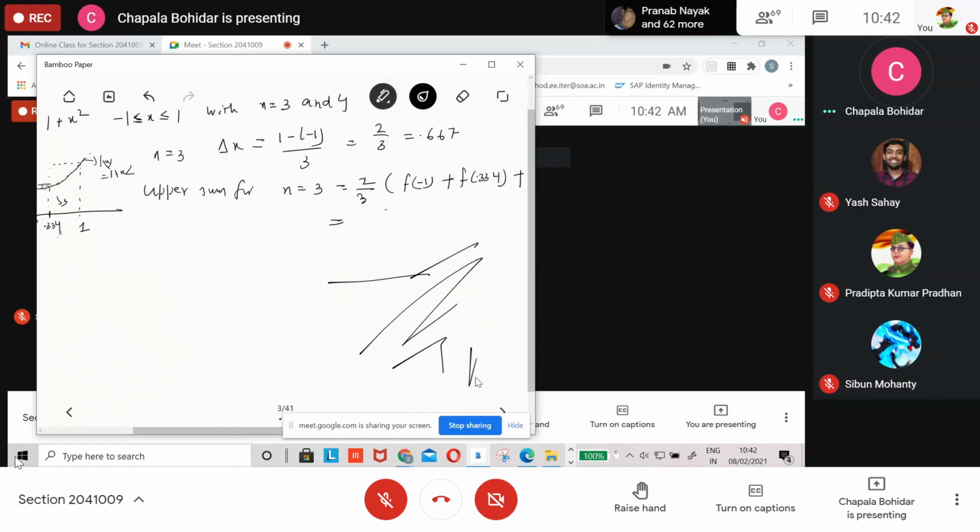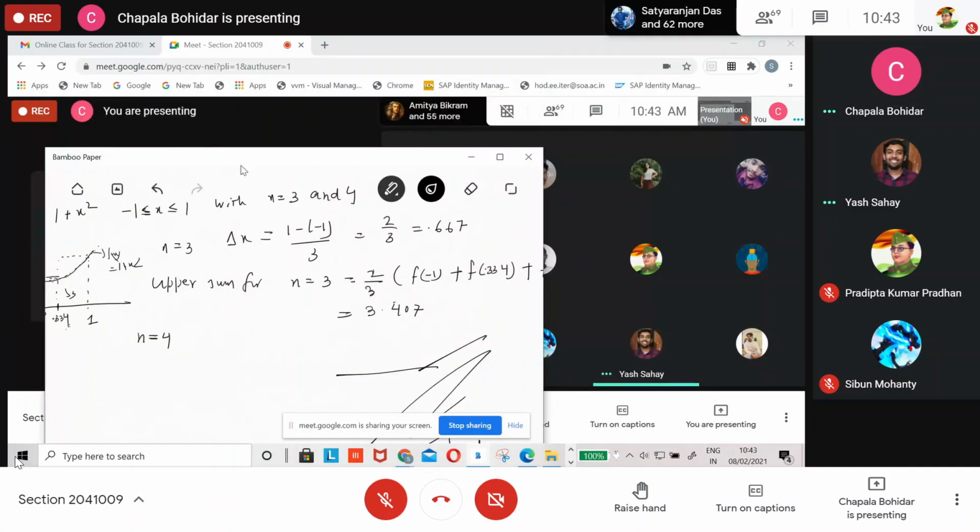For n is equal to 4. Ma'am, delta x is equal to 1 by 2. Yes, we got delta x is equal to 1 by 2. Very good.